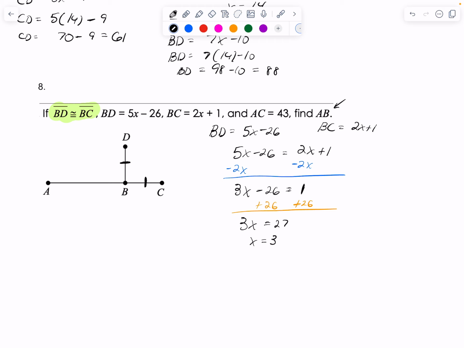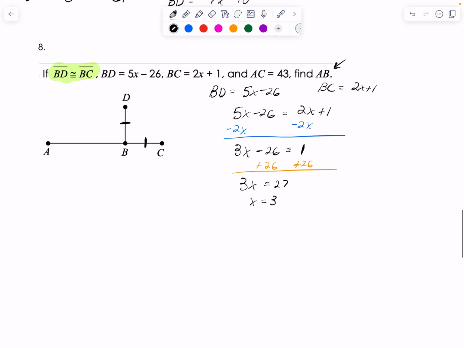I'm trying to use all this information to find the length of segment AB. But since I now know that x is 3, I can actually find the length of segment BC, which is going to be the same as 2x plus 1, replace that 3 for x, which is going to be 7. So this is now 7.